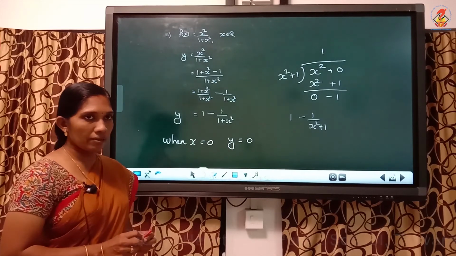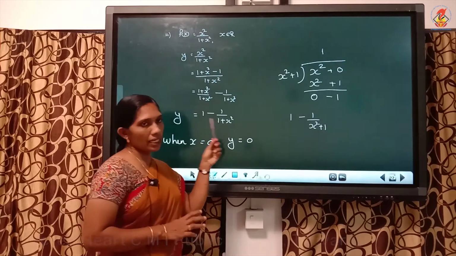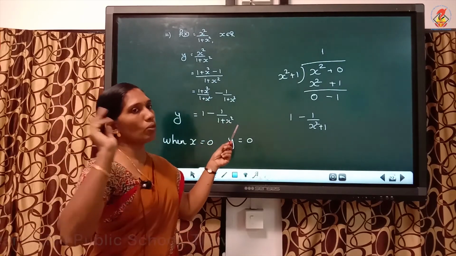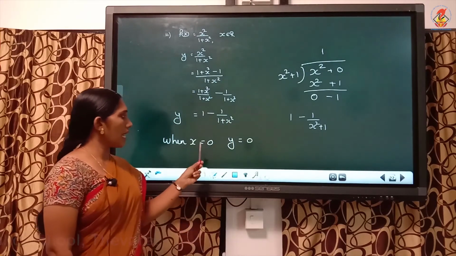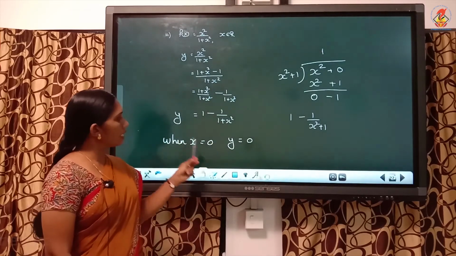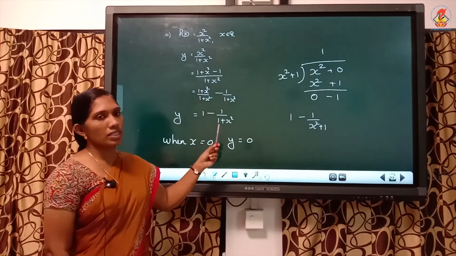Is it correct? Once again, y means 1 minus 1 by 1 plus x square. This x square is 0 or more than 0. When x square is 0, you will get y as 0. Then the other possible cases are x positive numbers.